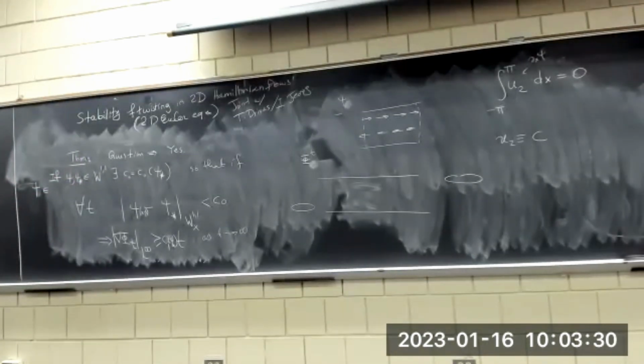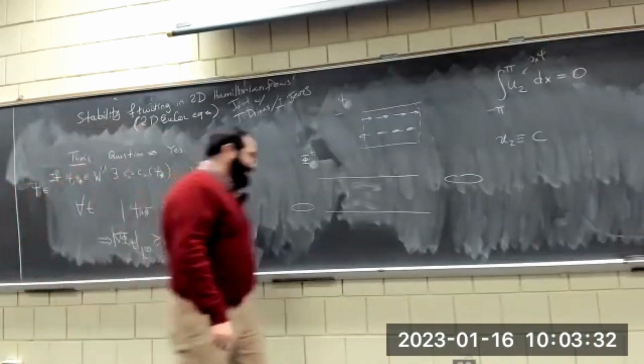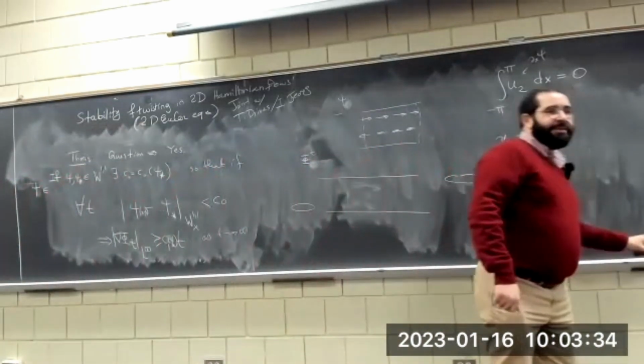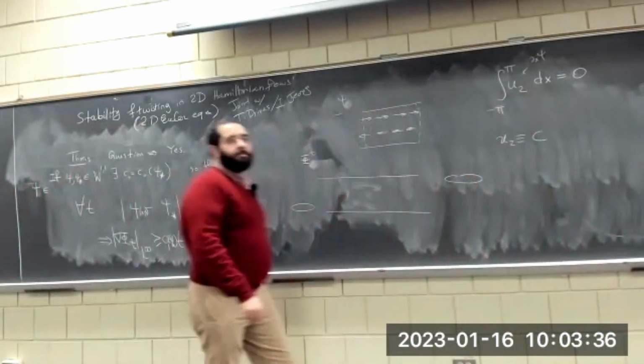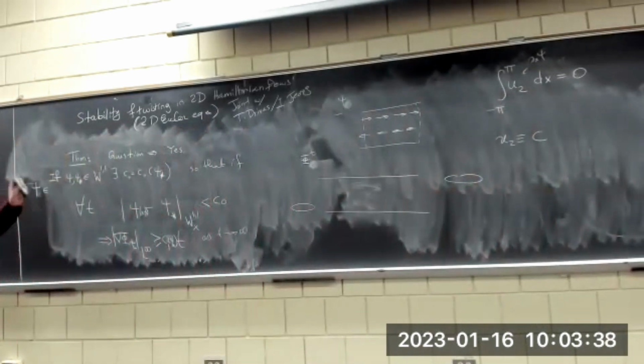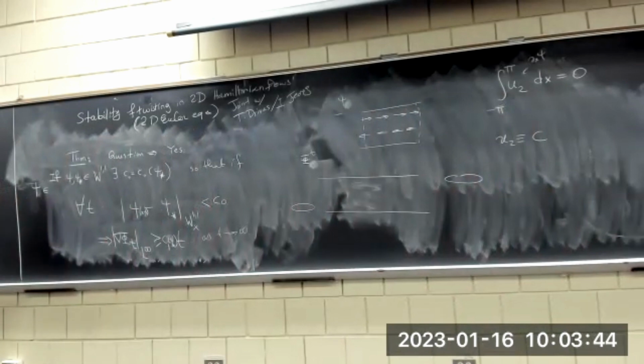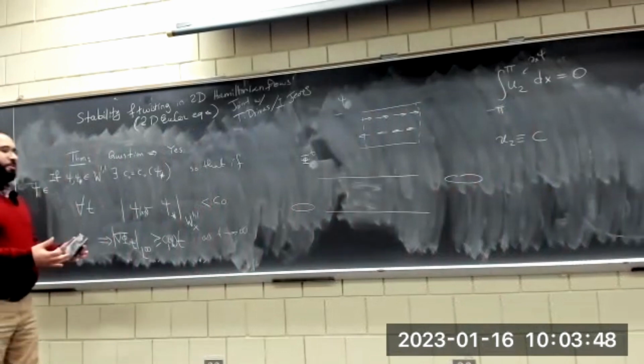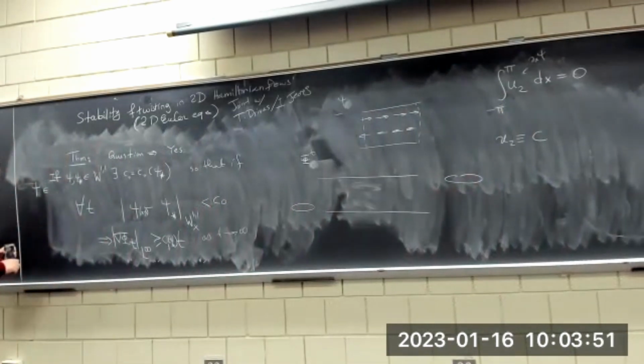The theorem is in any domain. Any two-dimensional reasonable domain. So if you want to pin it down, we can just fix a bounded smooth domain, but it's any domain.